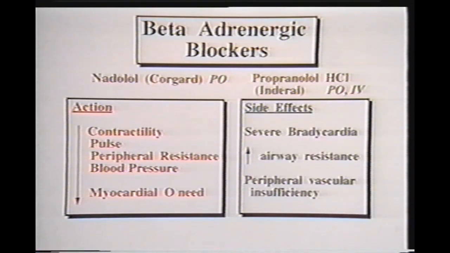We can see an increase in airway resistance, which means that you probably don't want to give this to an asthmatic patient who already has too much airway resistance. You can also see effects on blood sugar in patients who are taking beta blockers.